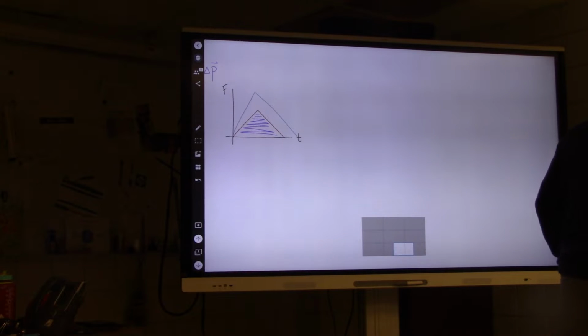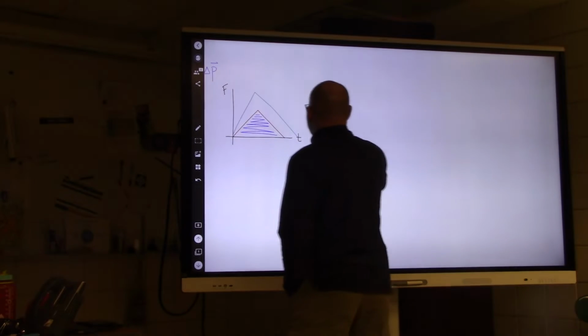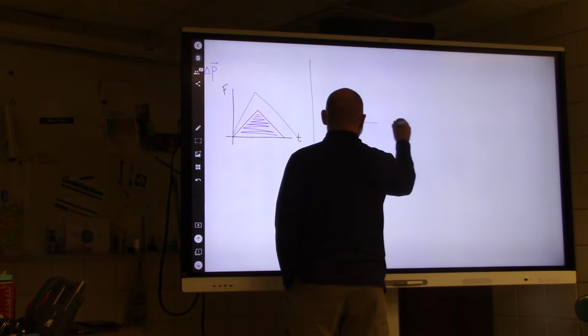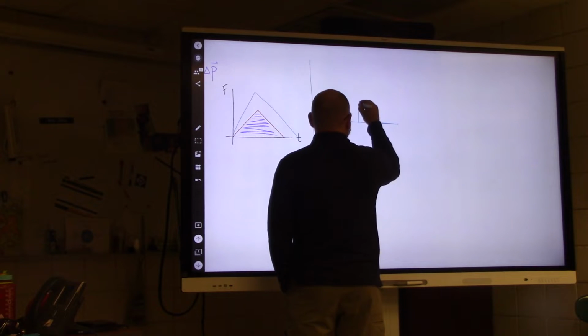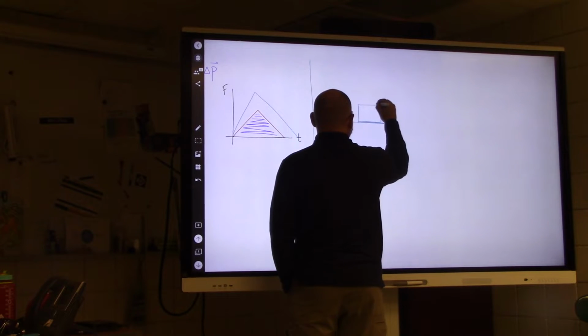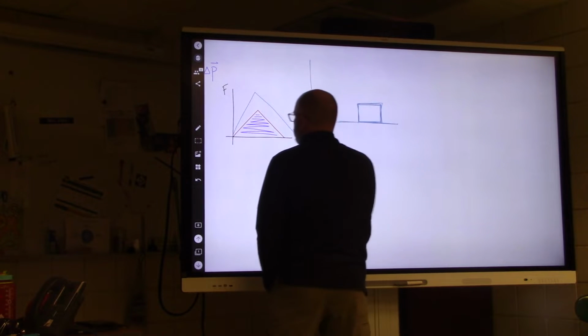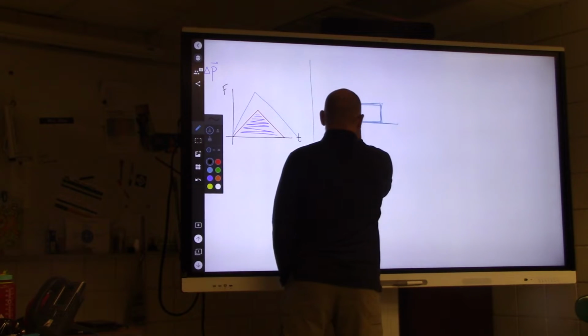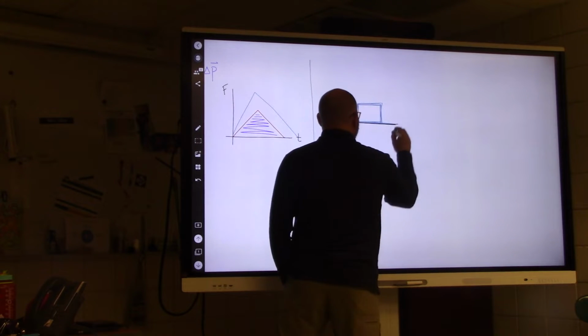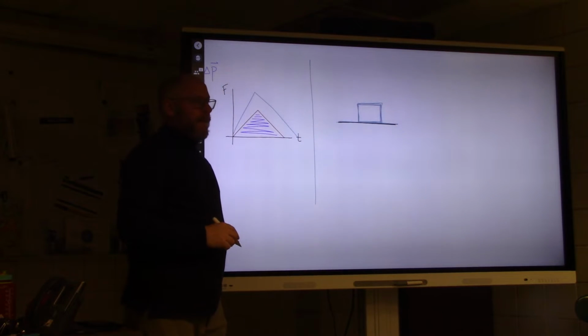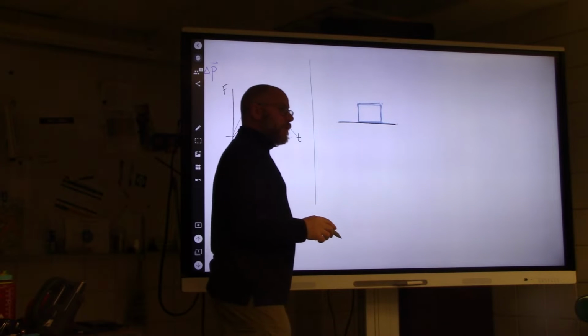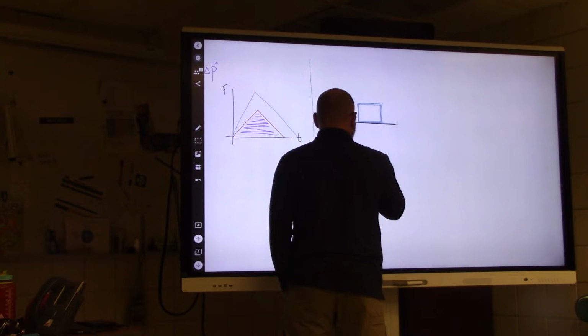Okay. The next one says that if you have two objects, two surfaces that are sliding against one another, whether they are attempting to slide against one another or they're actually sliding against one another, there might be an anti-sliding force between the two surfaces, which is friction, the frictional force. How do you solve for the frictional force?